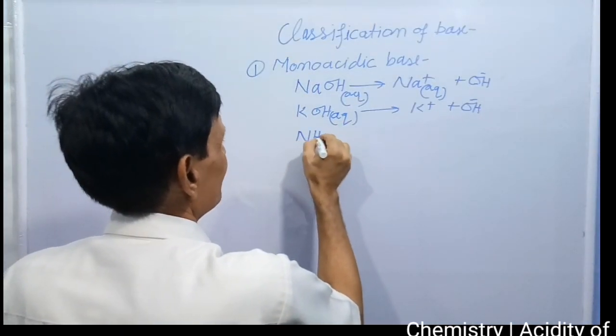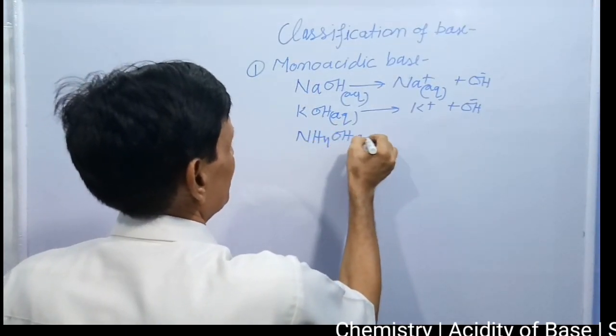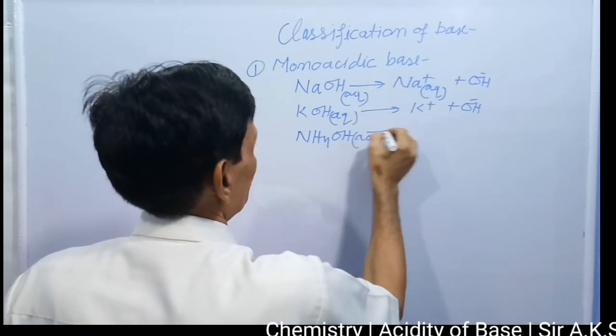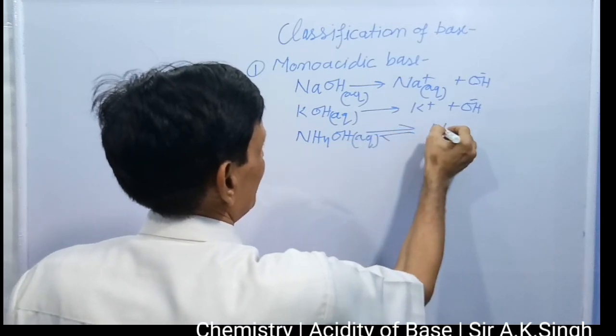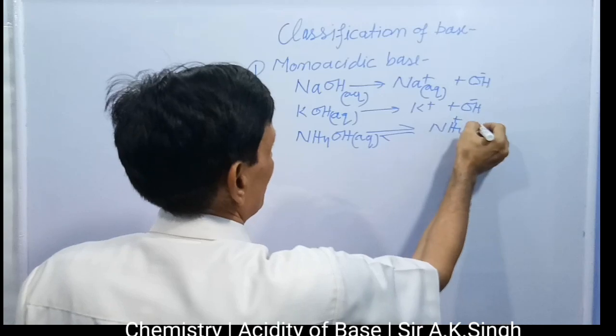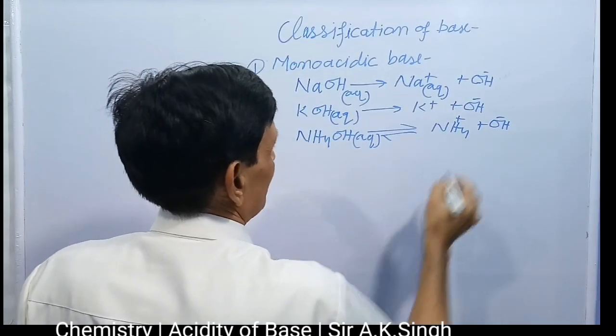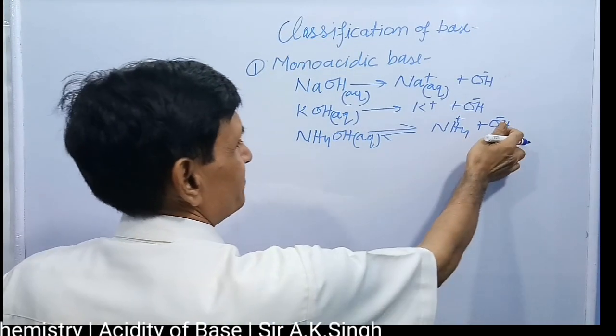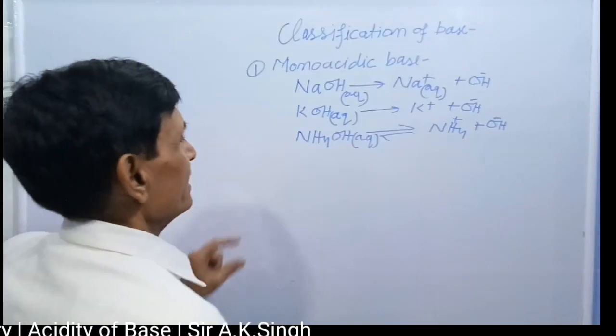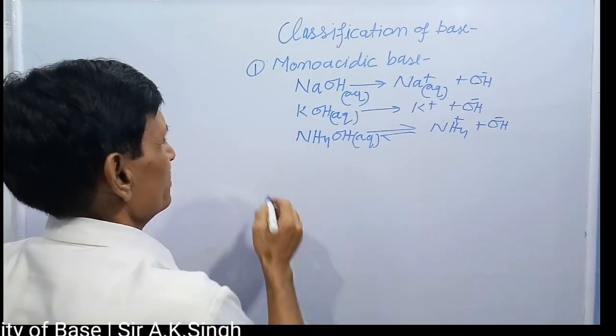A non-metallic example, ammonium hydroxide in its aqueous solution produces only one hydroxyl ion per molecule. Hence, these are monoacidic bases.